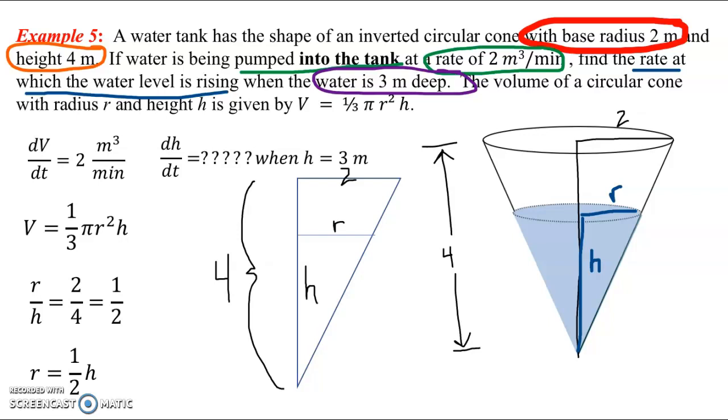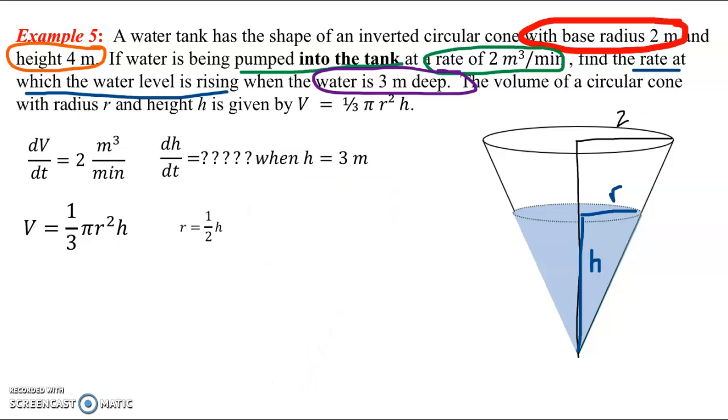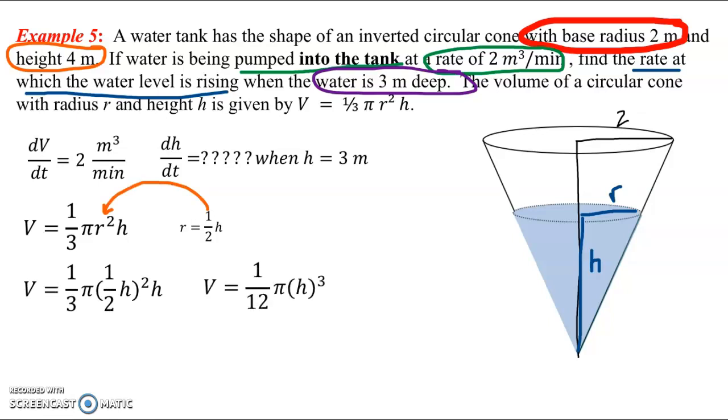Now that I have a relationship between r and h, I'm going to substitute that value into my volume equation. So when I take my volume equation, I'm substituting r as being a relationship of 1/2 the height. And I'm doing that substitution there.